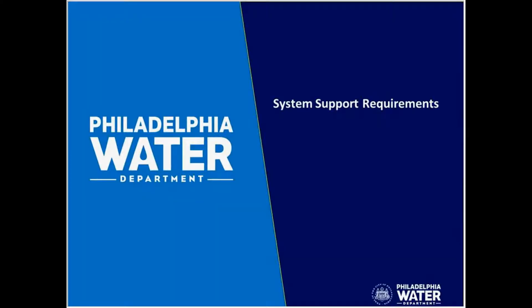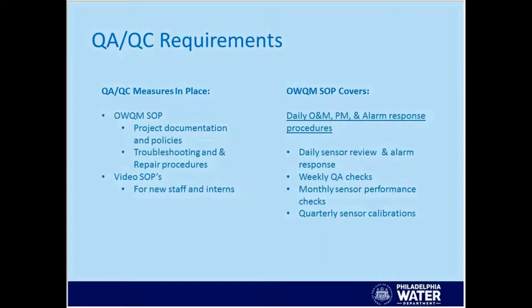So I'm a little bit ahead of schedule, but I'm going to go through some of the system support requirements. I just want to say, before I begin this, these are for Philadelphia Water Department, our design. So if you're a small or medium-sized utility, you might not require this level of support, but the QA/QC requirements should definitely be similar.